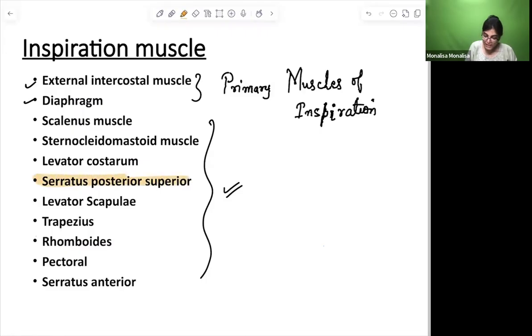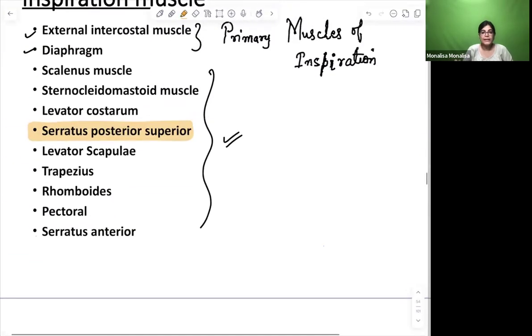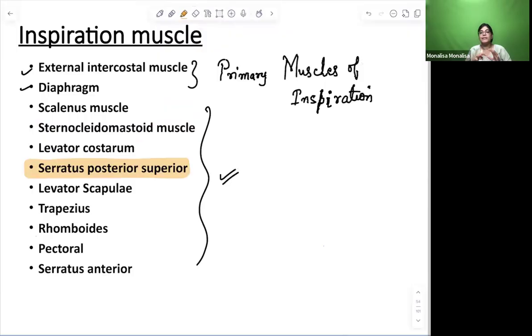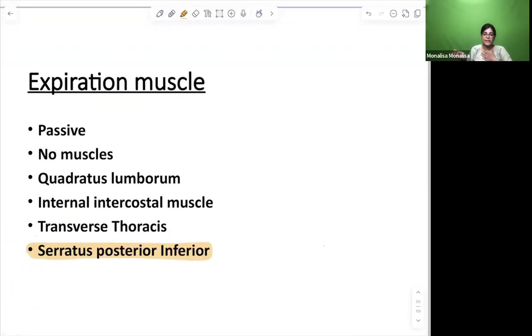Pay attention that serratus posterior superior is an accessory muscle of inspiration, but serratus posterior inferior is a muscle of expiration. We have got levator scapulae, trapezius, rhomboids, pectoralis, serratus anterior. So the muscles of the upper limb and the muscles of the head and neck region are all accessory muscles of inspiration. Serratus posterior superior is an inspiratory muscle, but serratus posterior inferior is an expiratory muscle.